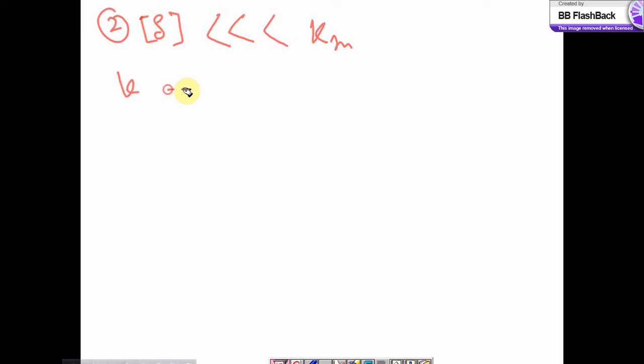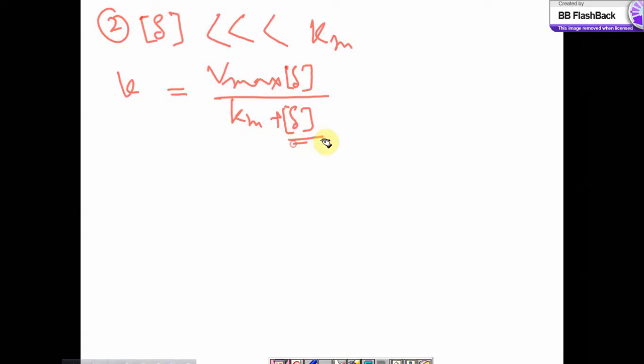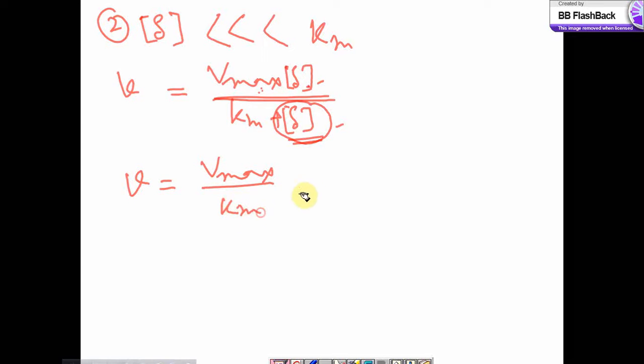Now let's go to the next condition, where the substrate concentration is very much less than Km. The equation was v is equal to Vmax S by Km plus S. When you add S with Km, you can always ignore the S part, but you cannot ignore the Vmax part because it is multiplied. If you ignore S, you can write that v is equal to Vmax by Km into the substrate concentration.